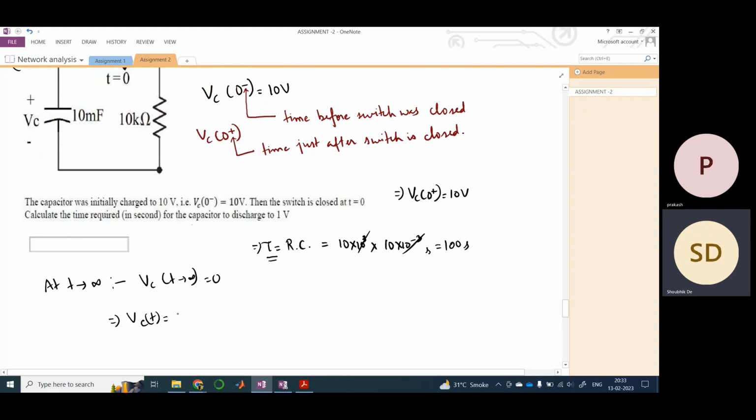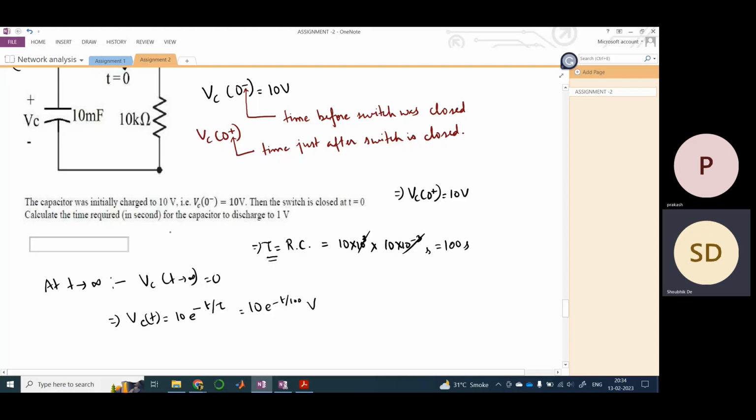The initial voltage is 10 volt, and as we saw, it is decreasing exponentially, so minus t by tau represents the exponential decrease. Because tau is the time constant, this would be nothing but e to the power minus t by 100 volts. So this is the expression for the capacitor voltage. It is very easy, provided you know the concept.